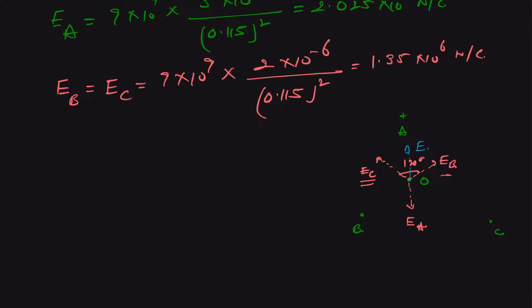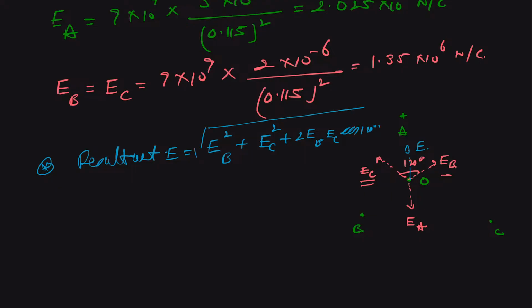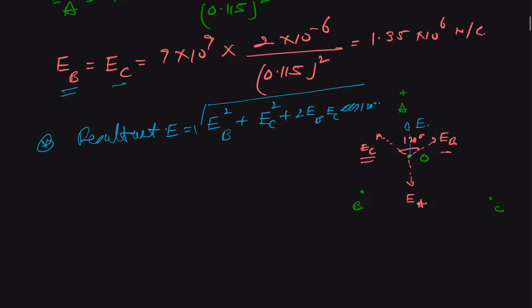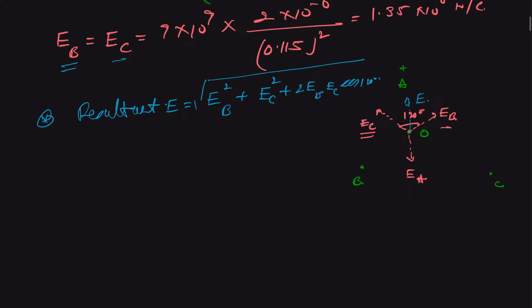Therefore we can say that resultant E will be equal to the square root of EB square plus EC square plus twice EB EC cos of 120. But the magnitude of EB and EC is the same, so we can just replace it by one variable.